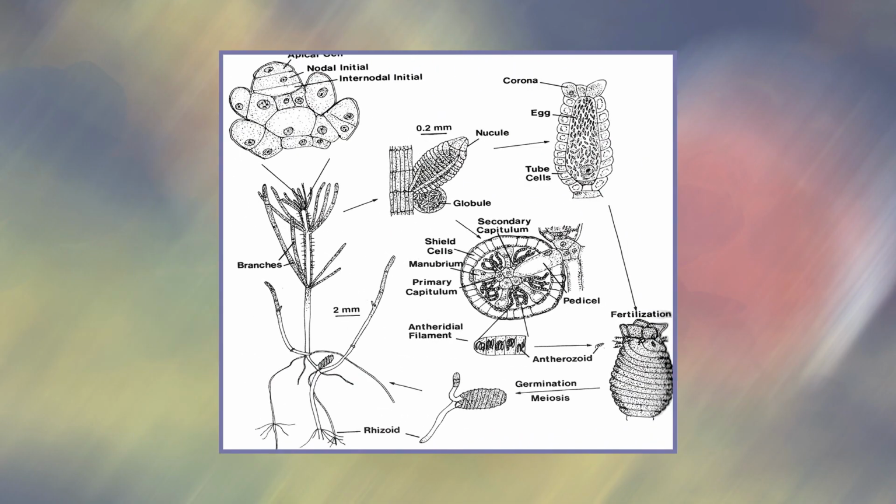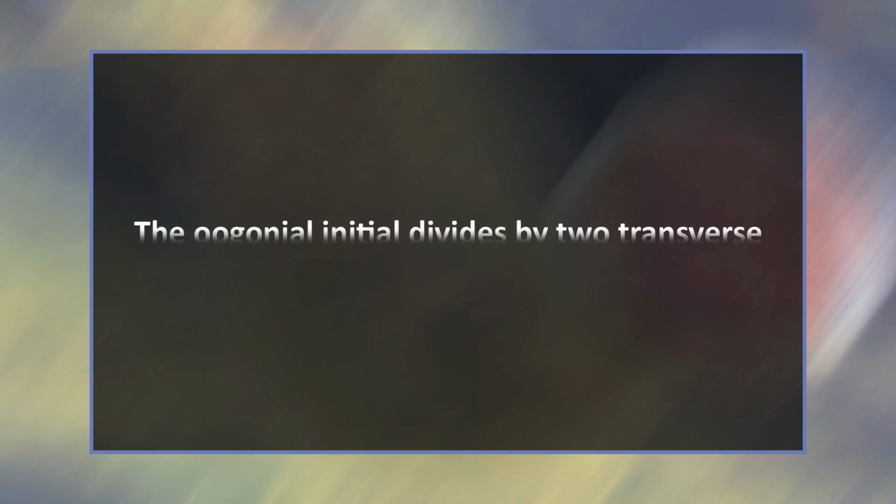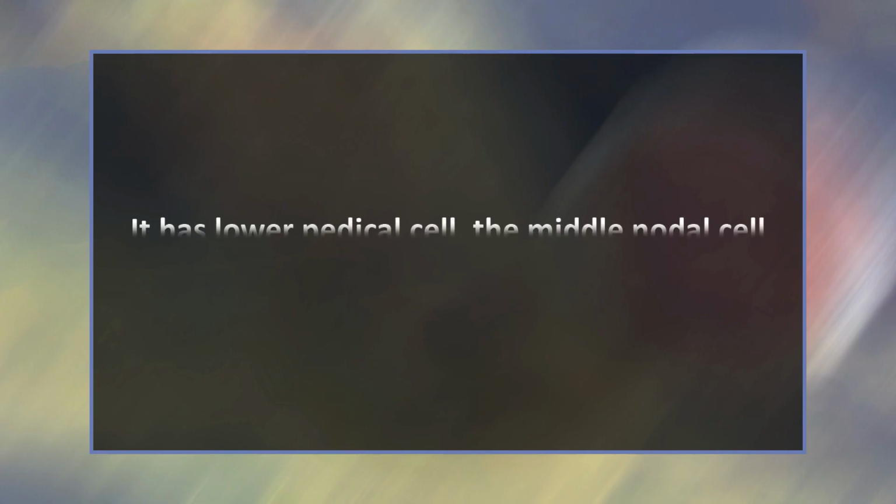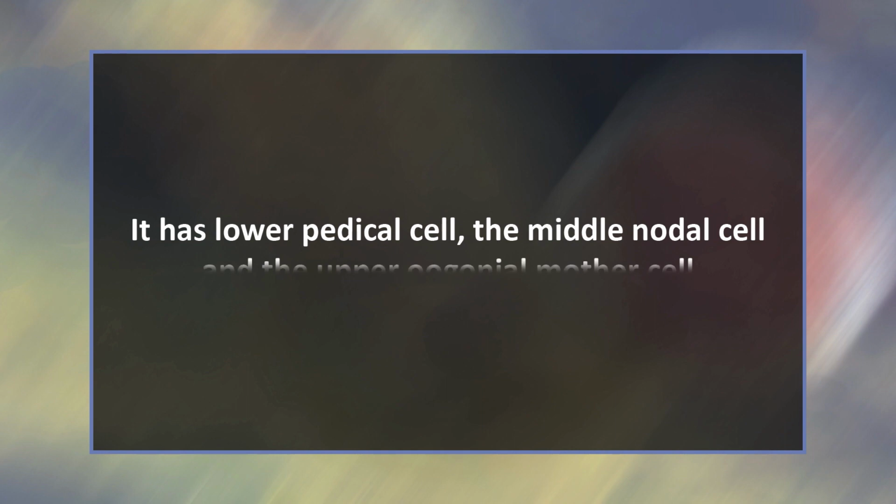The upper peripheral cell of the basal node of the antheridium functions as the oogonial initial. The oogonial initial divides by 2 transverse divisions to make a 3-celled filament. It has a lower pedicel cell, a middle nodal cell, and the upper oogonial mother cell.